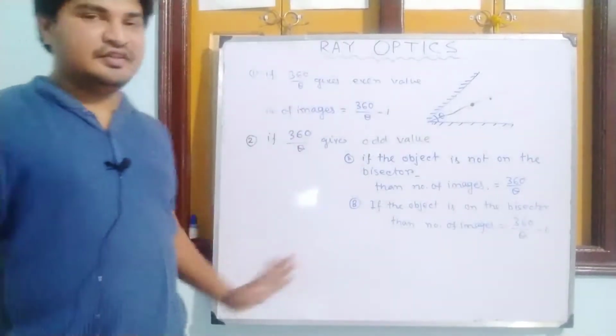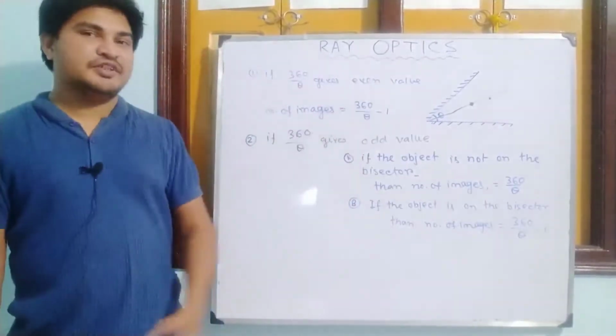Okay, so these are the different numbers of images formed by the combination of mirrors.